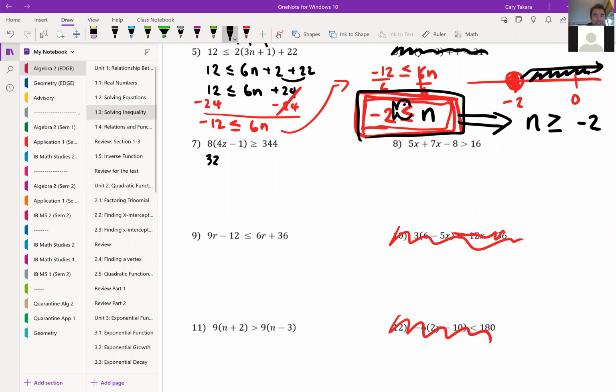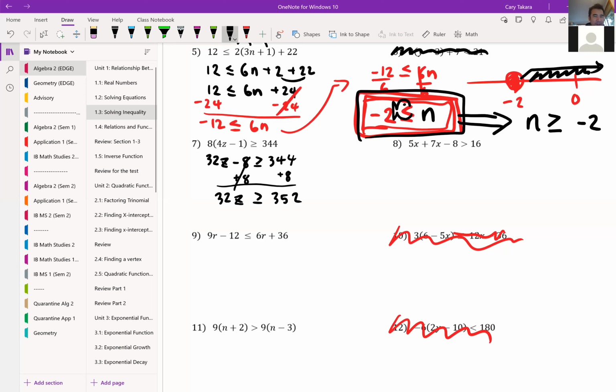It's 32z minus 8, 344. Add 8, add 8. 32z is greater than or equal to, what is that, 352.